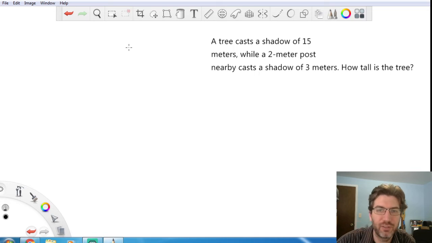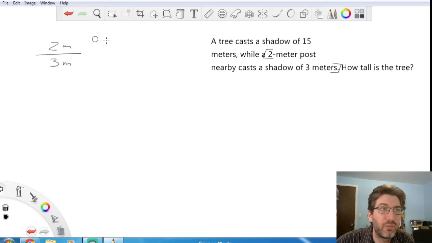They make similar figures. So a tree casts a shadow of 15 meters, while a 2-meter post nearby casts a shadow of 3 meters. So this here is your original ratio. You know that a 2-meter post casts a shadow of 3 meters.